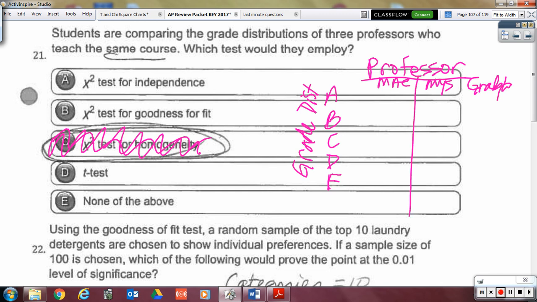So we got two variables. If we have two variables, it's a chi-squared test of independence. Two variables, chi-squared test of independence.